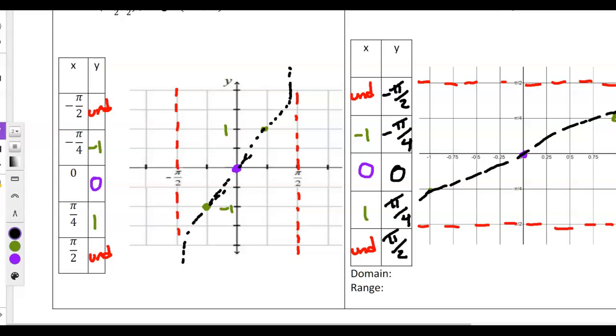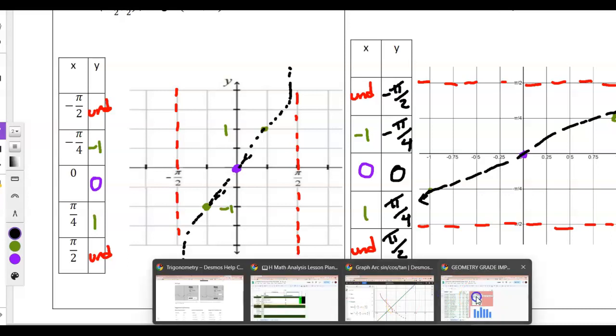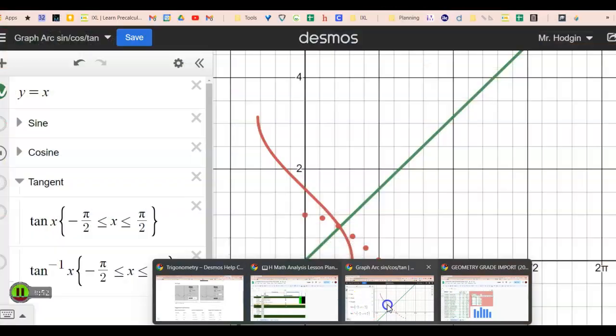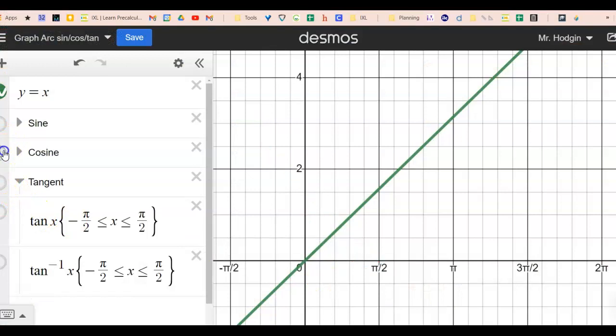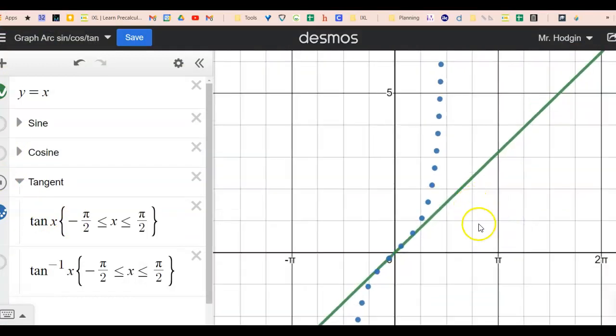Of course, these would keep on going forever and ever in that direction. And if we look at it on Desmos once again, see how it compares. Right there. Turn that off. Here's our tangent function.